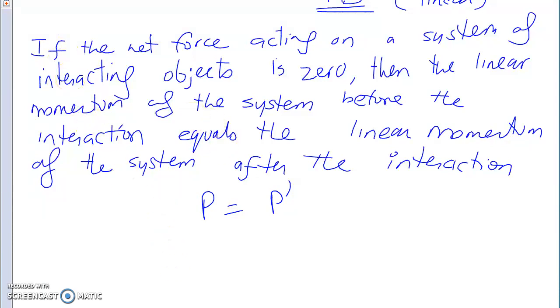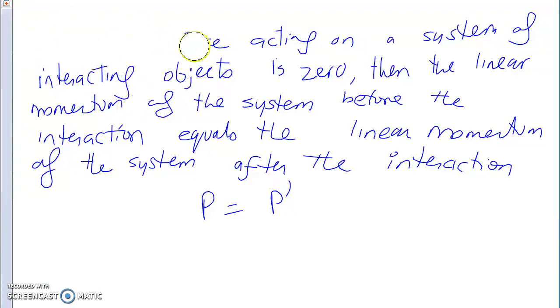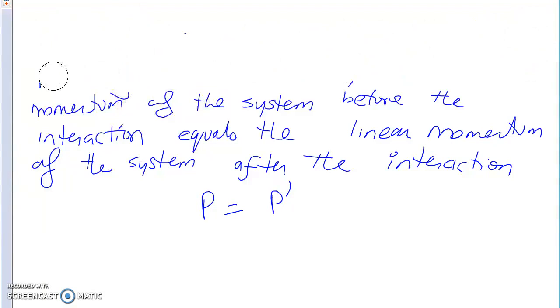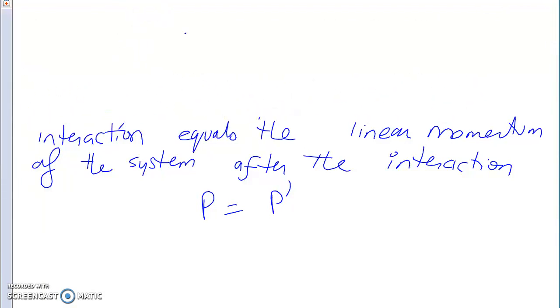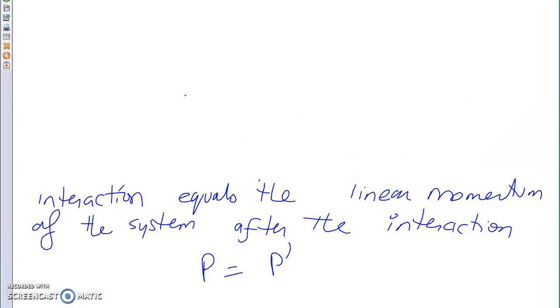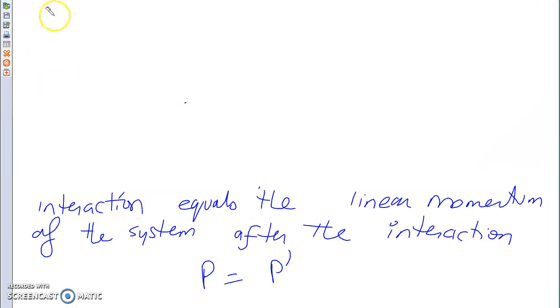Okay, all right, so what we're going to do is we're going to try to prove it, and this is on page 240 in your textbook. Can I erase this part? Okay. All right, and so we're going to start with m1 delta v1, which equals negative m2 delta v2.